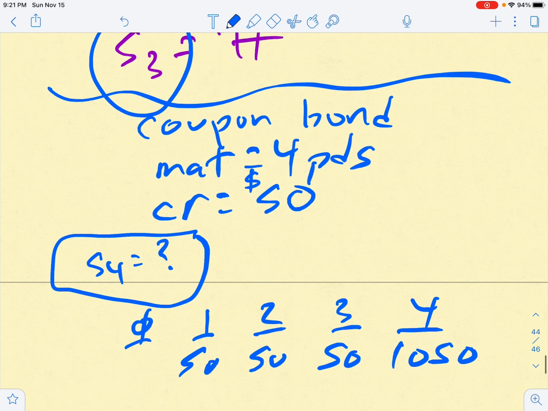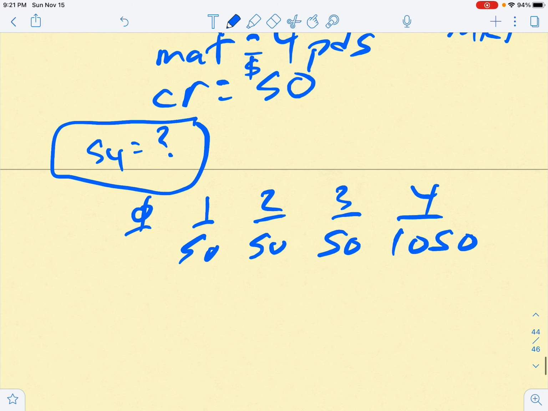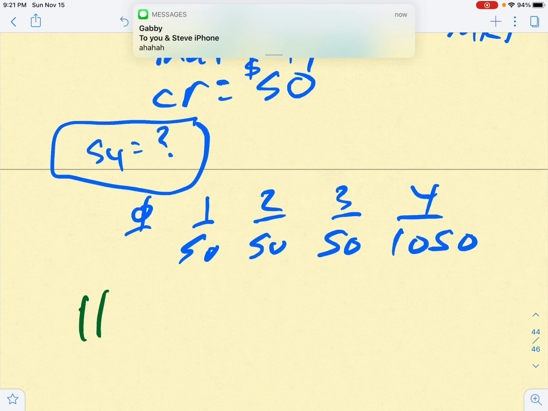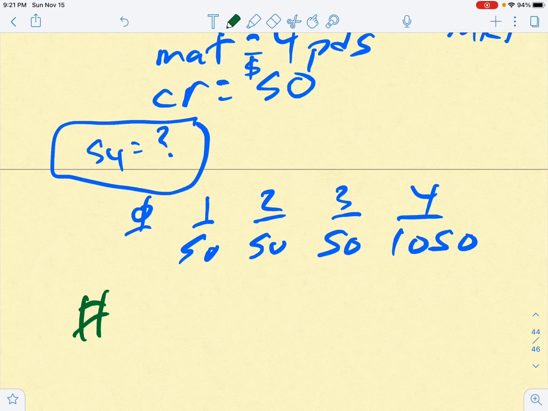Again, we trust this bond. We assume it trades in a liquid market, so we trust its price. Because it's a risk-free bond, its price will equal the present value of all the promised cash flows, discounted at the appropriate spot rates, as explained in other videos.